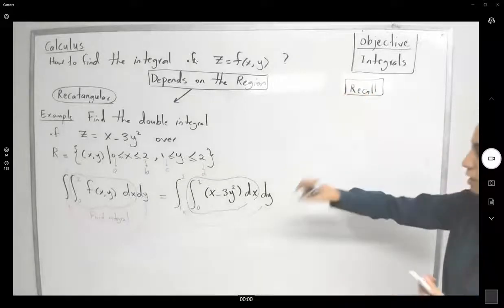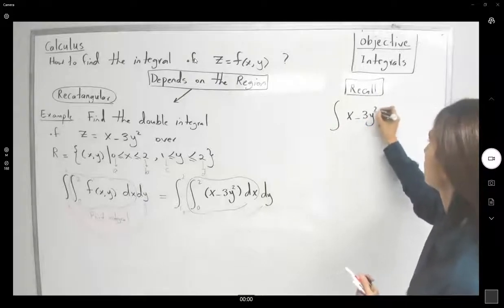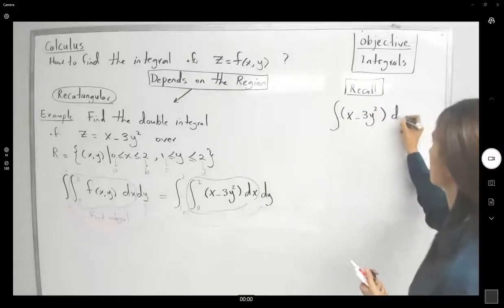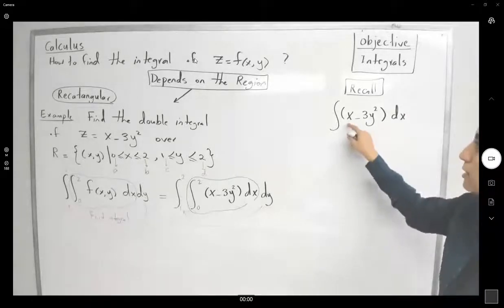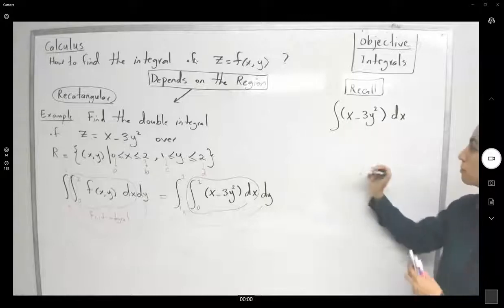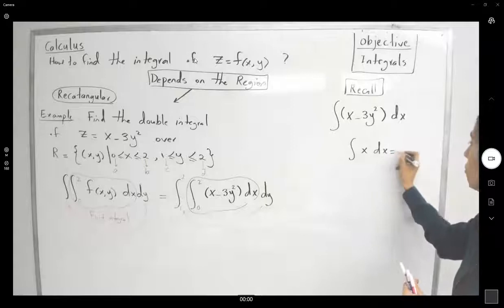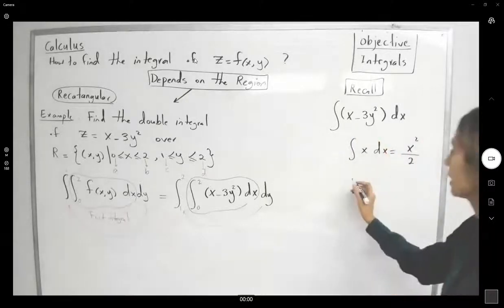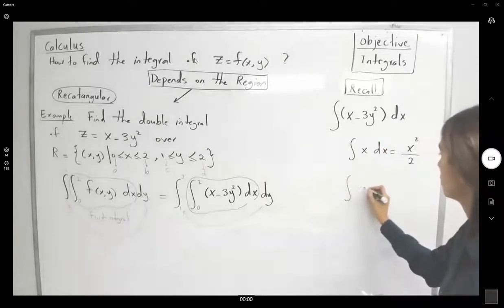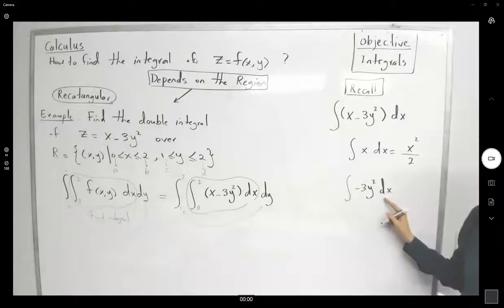The integral of x minus 3y squared dx. Well, here you have x. The integral of x dx is equal to x squared divided by 2. The integral of negative 3y squared dx. We are taking the integral with respect to x.